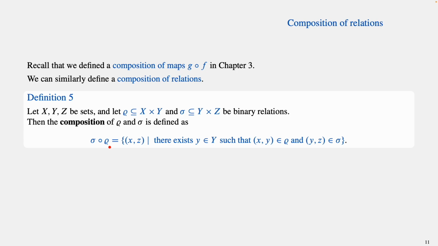Sigma composed with rho is the set of all pairs (x, z), where x is taken from the set big X and z is taken from the set big Z, such that there exists some element y in the set big Y, such that x, y are related by rho and y, z are related by sigma.